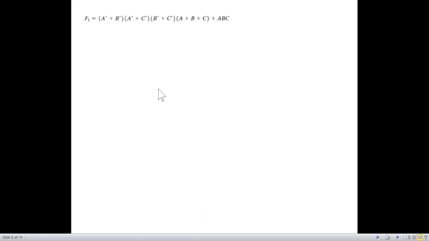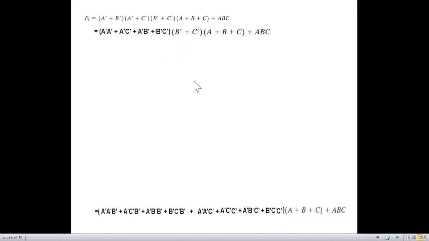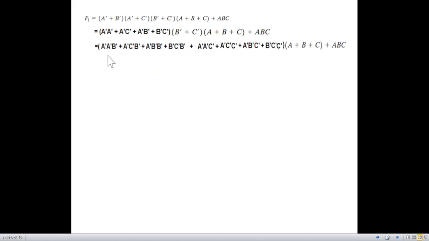Okay, so we were here. Now we just multiply these two, we get this relation. Then we multiply with B dash, C dash. So multiplying with this, we get these 8 terms.